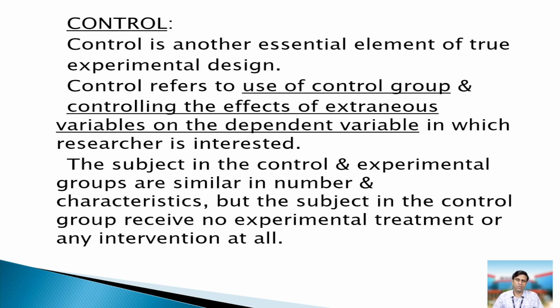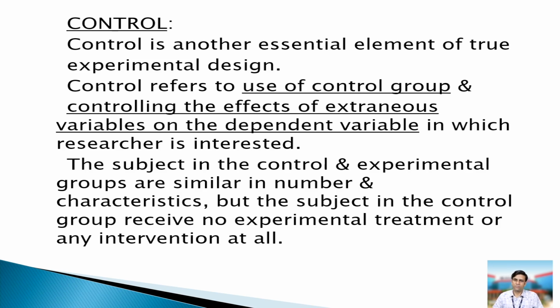And another meaning of control in true experimental research design is controlling the effect of extraneous variables on the dependent variable in which the researcher is interested. We have already discussed that extraneous variables are not actually part of the research study but can still affect the result of the study. That's why a researcher who is willing to use true experimental research design wants to control the extraneous variables.